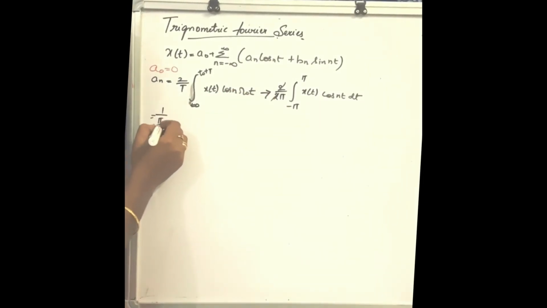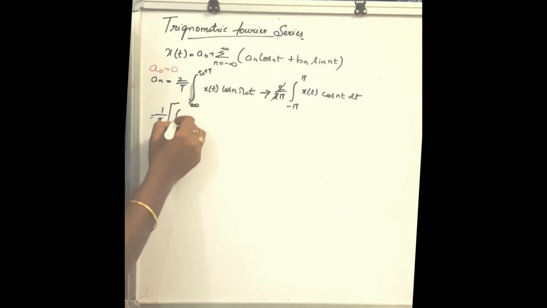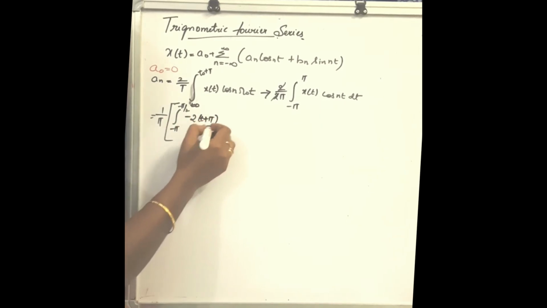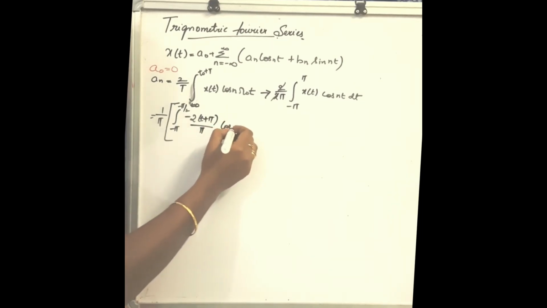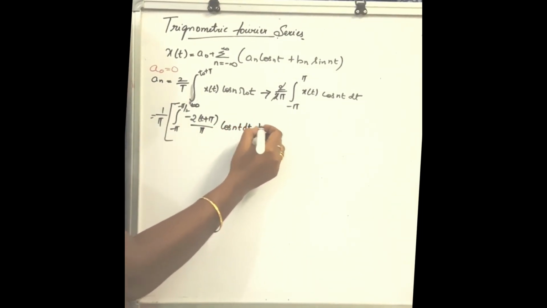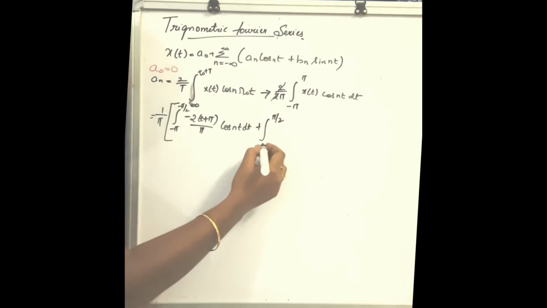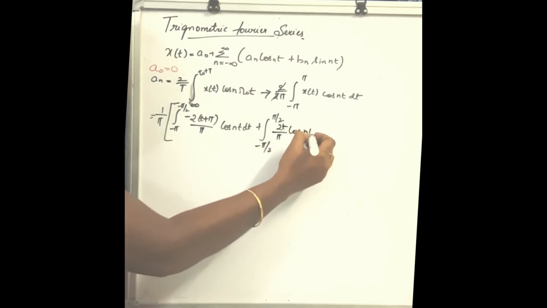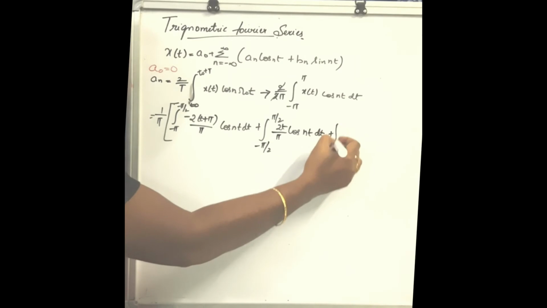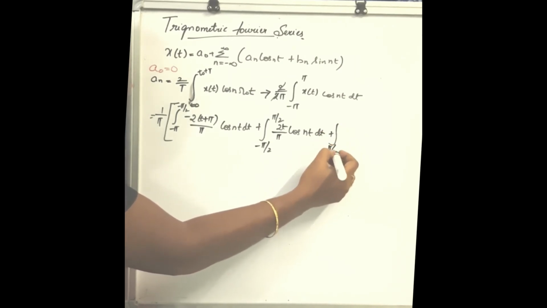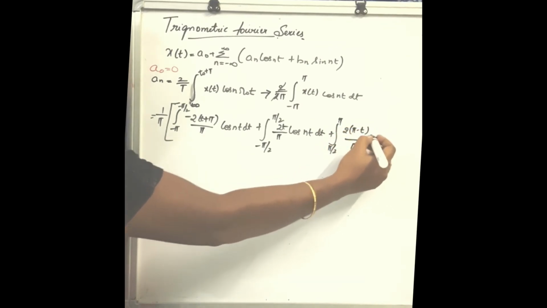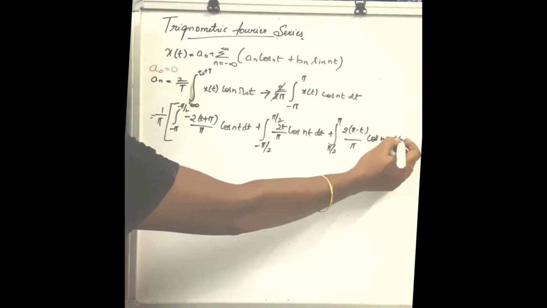It is 1 by pi. First limit is from minus pi to minus pi by 2, the amplitude is minus 2 times t plus pi by pi, cos nt dt. Then it's minus pi by 2 to pi by 2, 2t by pi cos nt dt, plus pi by 2 to pi, 2 pi minus t by pi cos nt dt.